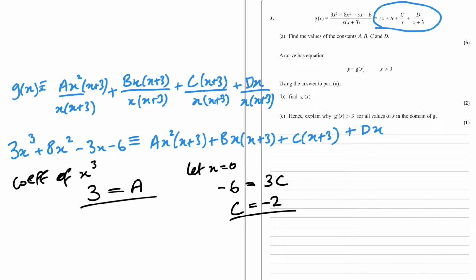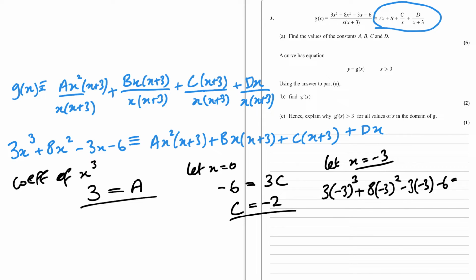Now I could find d if I let x equal negative 3. That'll help me out there. So on the left there's a little bit more to do. So 3 lots of minus 3 cubed plus 8 lots of minus 3 squared minus 3 lots of minus 3 minus 6, and that equals minus 3d.